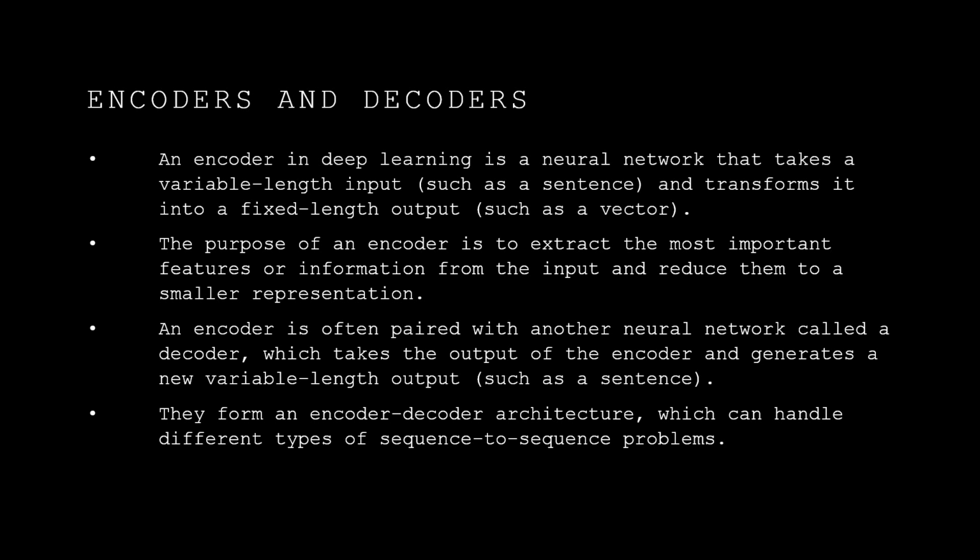An encoder is often paired with another neural network called a decoder, which takes the output of the encoder and generates a new variable length output, such as a sentence. They form an encoder-decoder architecture which can handle different types of sequence-to-sequence problems.